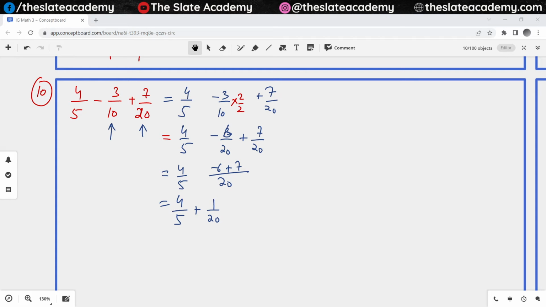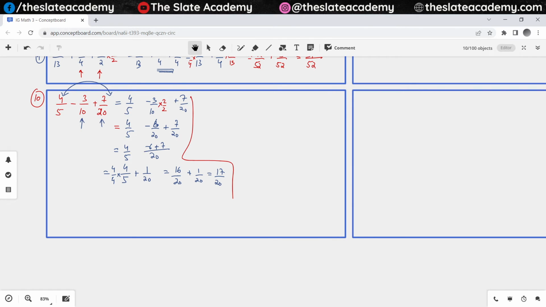And now I need to get 20 in the denominator of the first fraction, so I'll multiply and divide with 4. So that gives me 16 by 20 plus 1 over 20, and the answer would be 17 by 20.